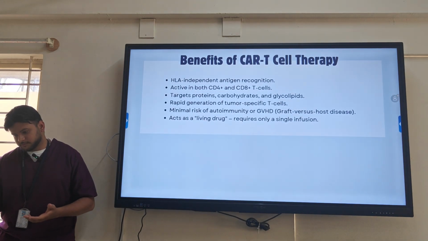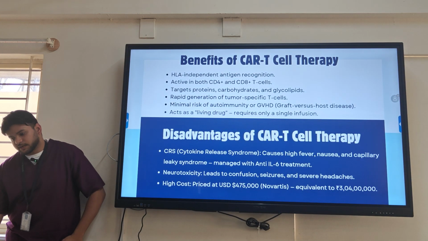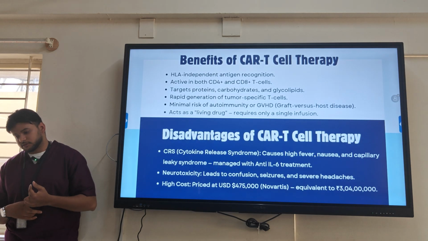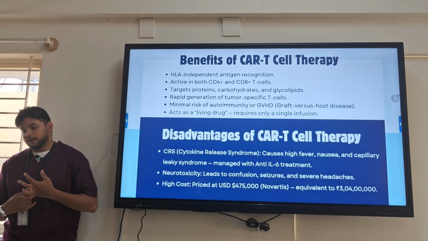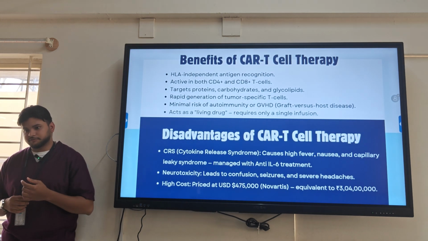These are the benefits. Like I said, it is active in both CD4 plus and CD8 plus T cells, targets proteins, carbohydrates, and glycolipids, and gives rapid generation of tumor specific T cells. We can generate multiple times if we do it once.